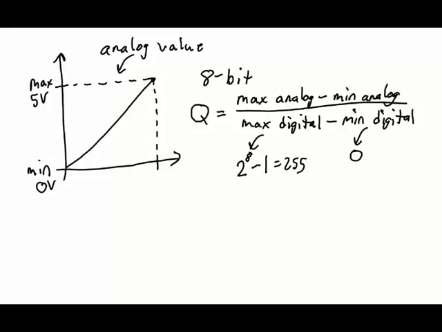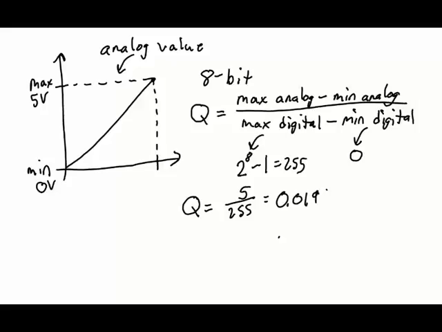In this case, I find that the quantization value Q is equal to 5 divided by 255, which is equal to 0.0196 approximately.